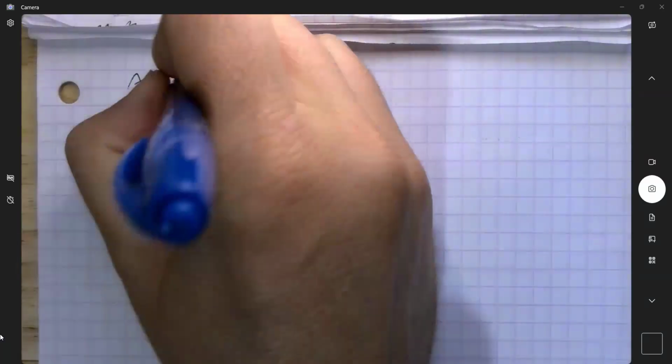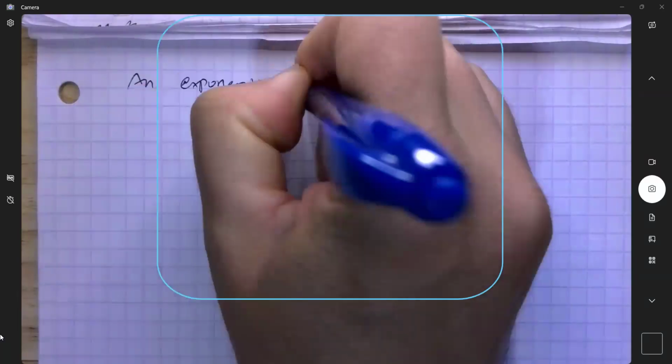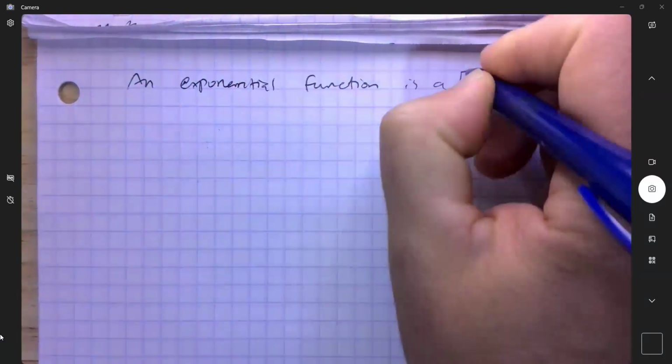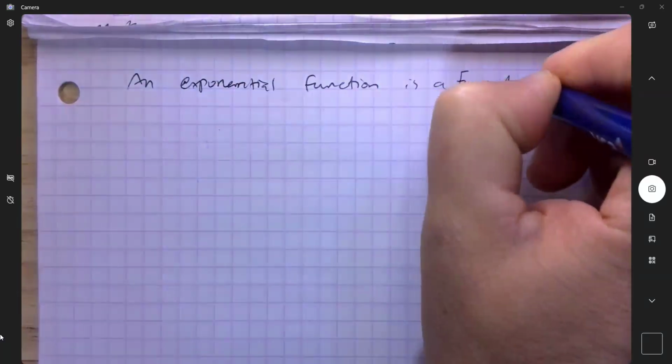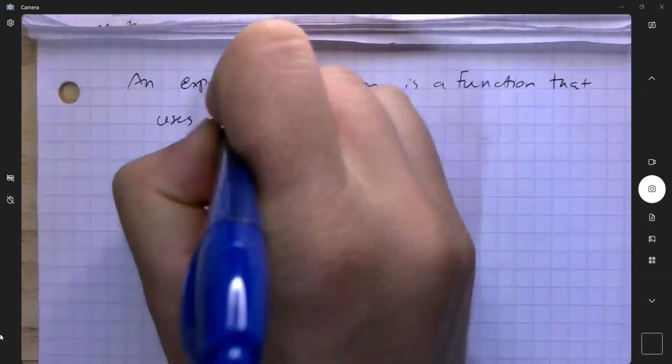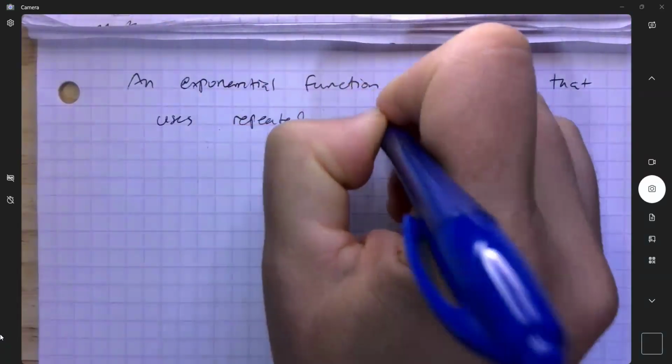So now we can start talking about exponential functions. An exponential function is a function that uses repeated multiplication.